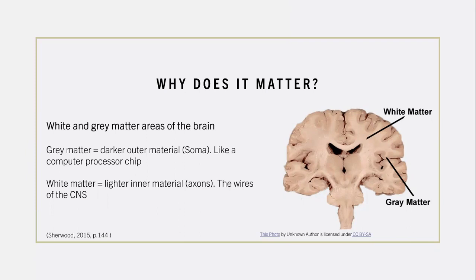Gray matter is the working part of the brain, like the processor chip in a computer, whereas the white matter is like the wiring of a computer. It sends information to where it needs to go in the body or other parts of the brain.